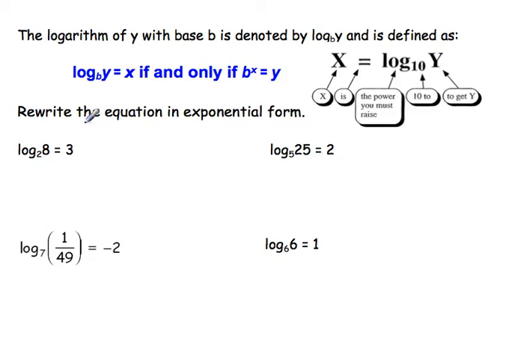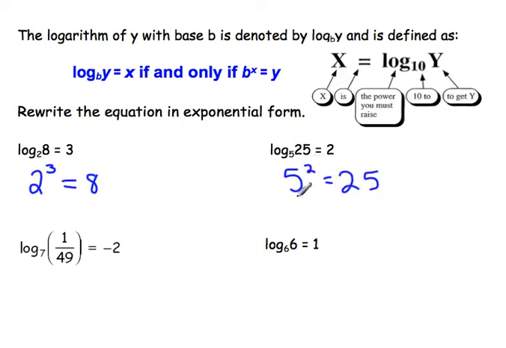So if I want to rewrite this equation in exponential form, you take the base, the exponent is on the other side of the equal sign, so it would be 2 to the third equals 8. Base to the other side of the equation equals the number that's left. So for this one, I would write 5 squared equals 25.